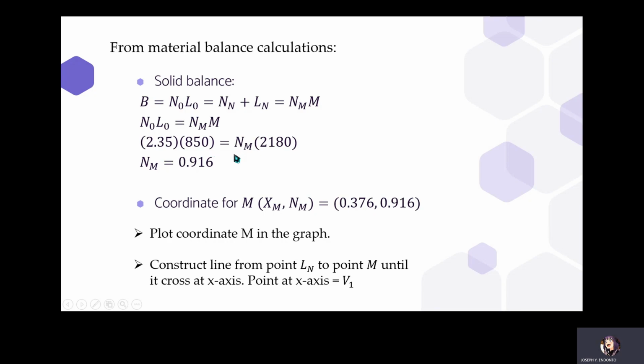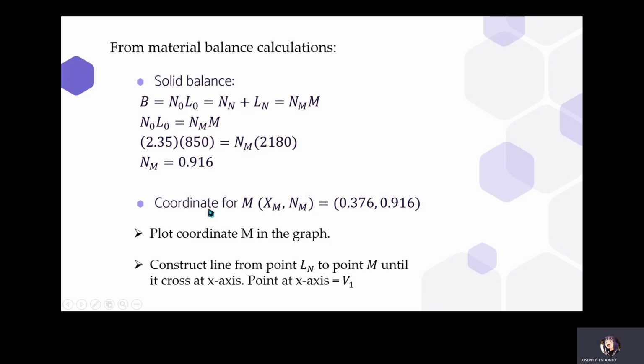In getting the unknown value of n sub m, we multiply 2.35 times 850 divided by 2180. So the final value of n sub m is equal to 0.916. So the coordinate for m, which is x sub m and n sub m, is 0.376 and 0.916.